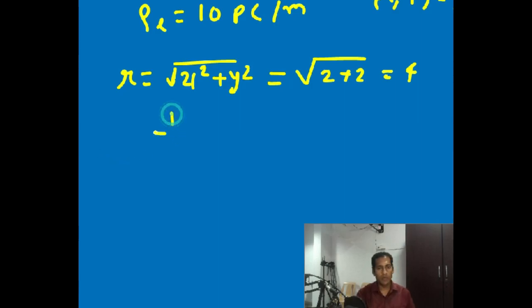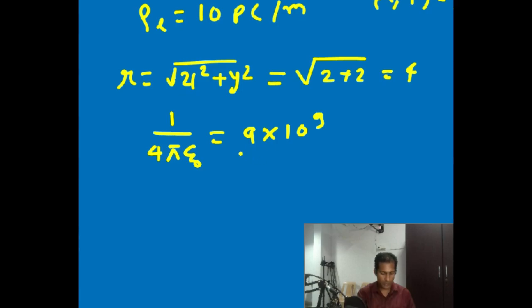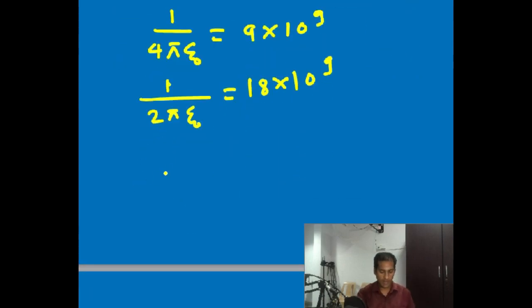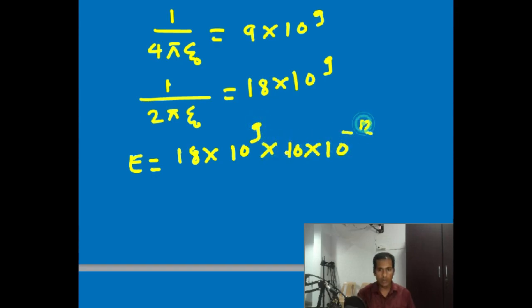And we also know that 1 upon 4 pi epsilon naught is equal to 9 into 10 to the power 9. For a line charge, we require 2 pi epsilon naught, so we have to double it, say 18 into 10 to the power 9. So in our formula of electric field intensity, if we keep these values, E will be equal to 18 into 10 to the power 9 into 10 into 10 to the power minus 12 divided by 2.